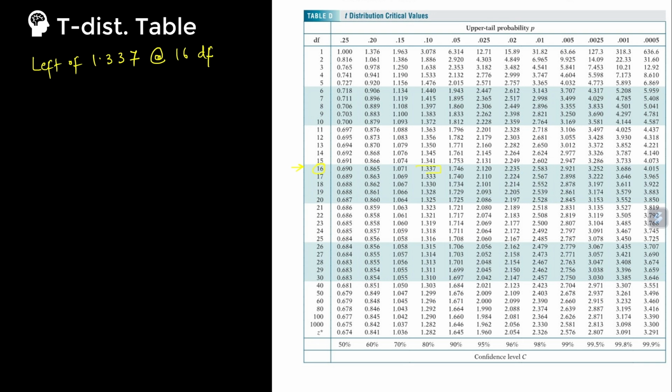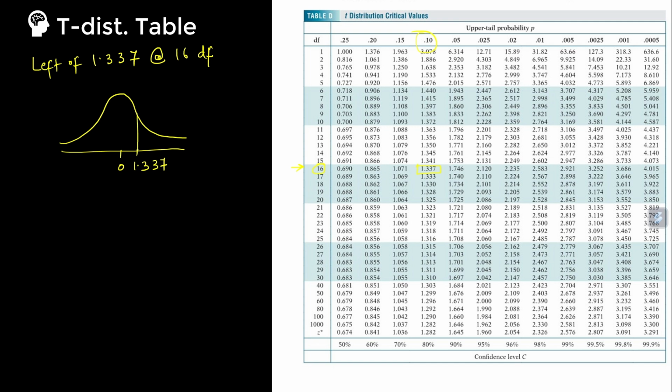So here is our 1.337 and the area is showing as 0.10. But let's understand this with the help of a normal distribution curve. So in the middle is our 0, and let's assume that this point is our 1.337.